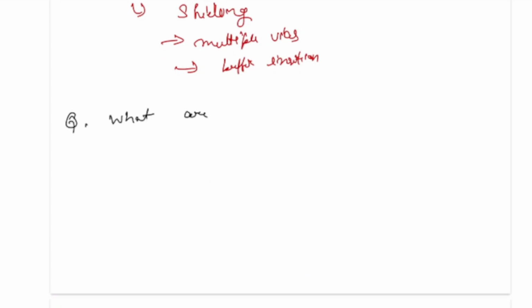What are the various paths considered for timing analysis?